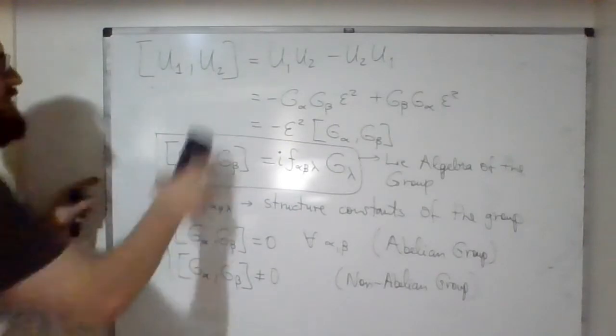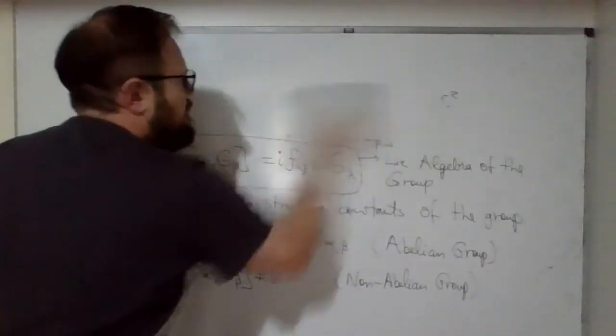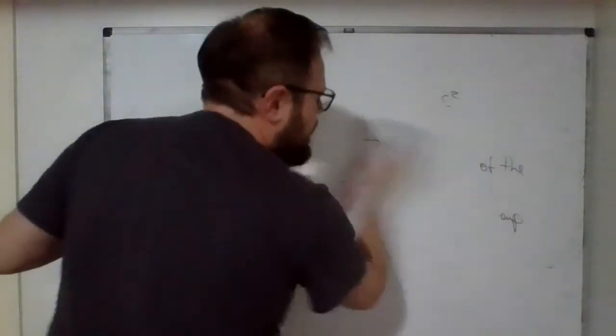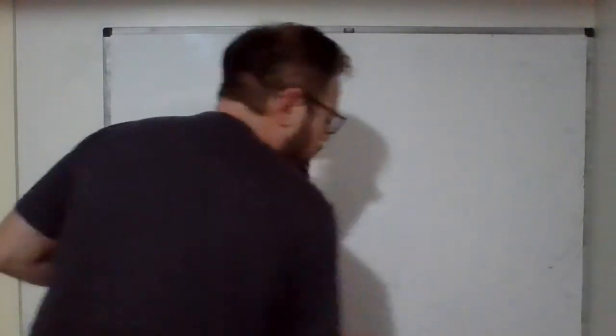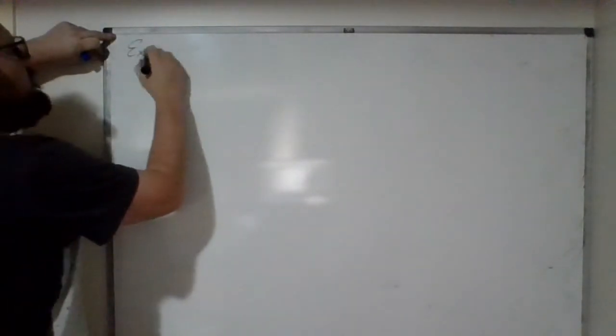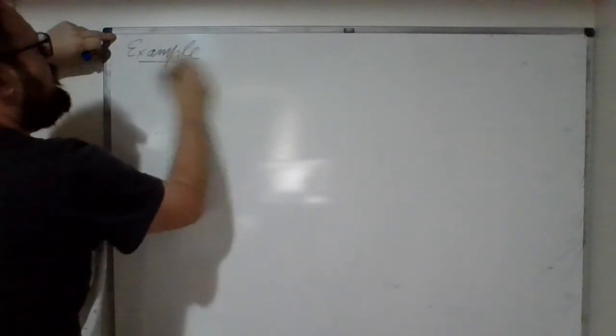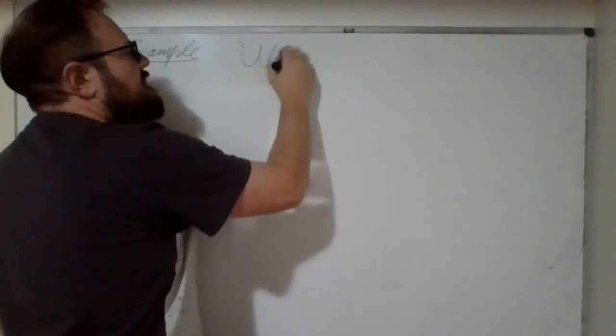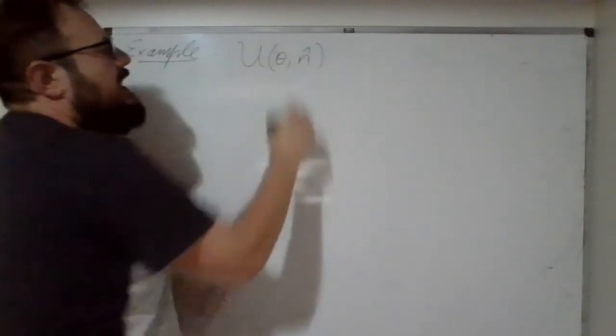Okay, so you need to remember that if the generators of a group do not commute, you are dealing with a non-abelian group. And as an example, Pauli matrices. This group is formed by these kinds of things, some theta and some direction.